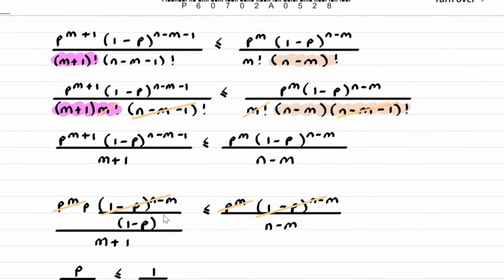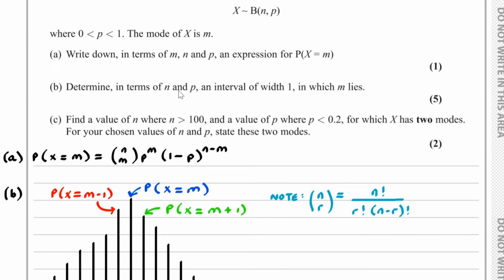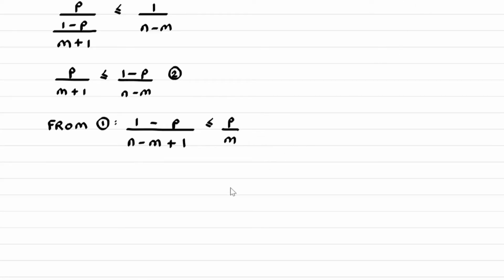And what we need to do now is find, if we go back to the question, an interval, which means we need a range of values for m. So from 1, we've got 1 minus p over n minus m plus 1 being less than or equal to p over m. So if I multiply through by m, we have m multiplied by 1 minus p being less than or equal to p multiplied by n minus m plus 1.